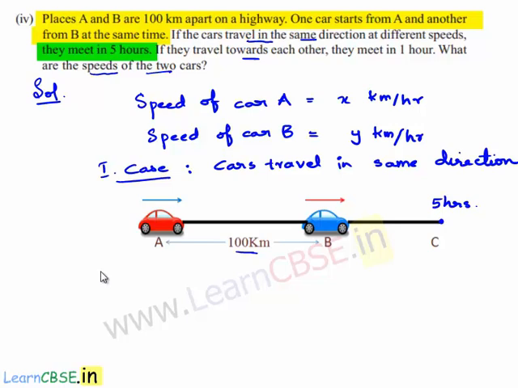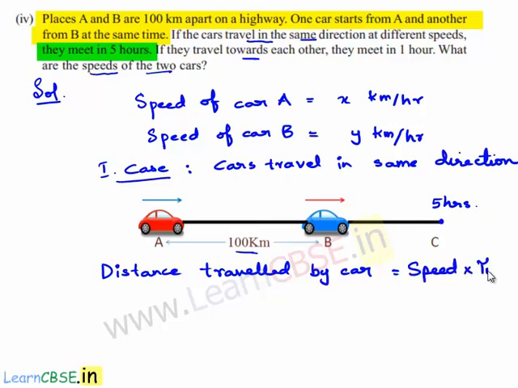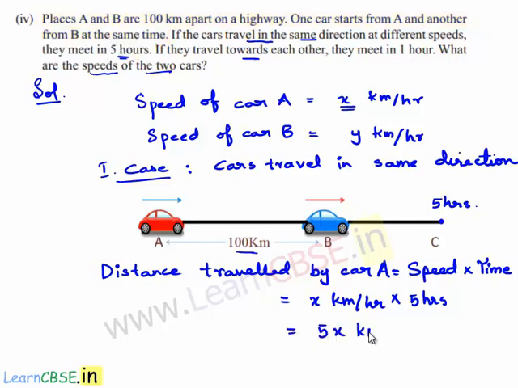So let us calculate the distance traveled by car A. We know that distance is equal to speed multiplied by time. We have assumed that car A's speed is x kilometers per hour and the time taken is 5 hours. So we get the distance traveled as 5x kilometers.